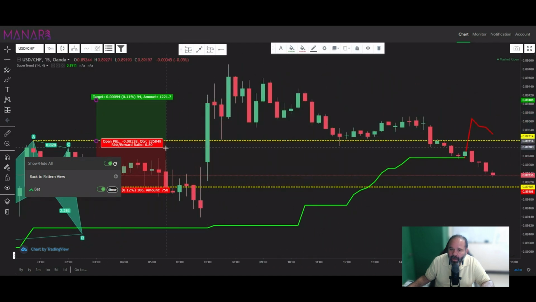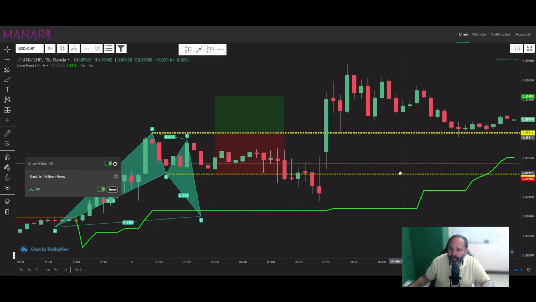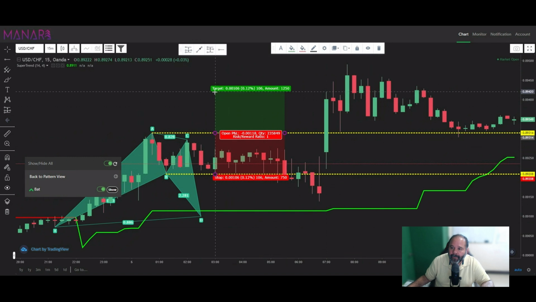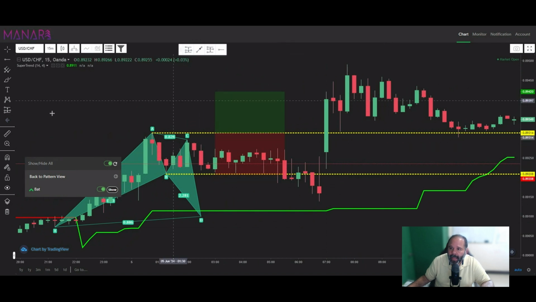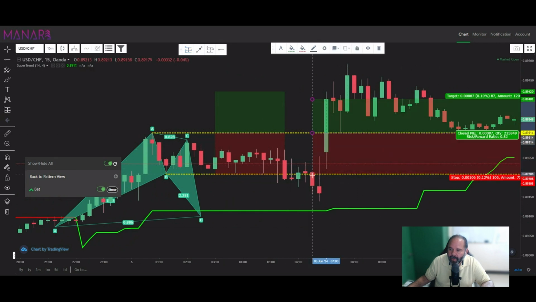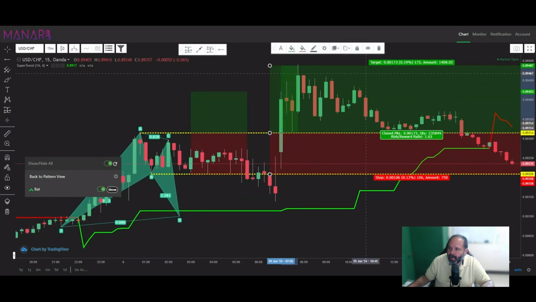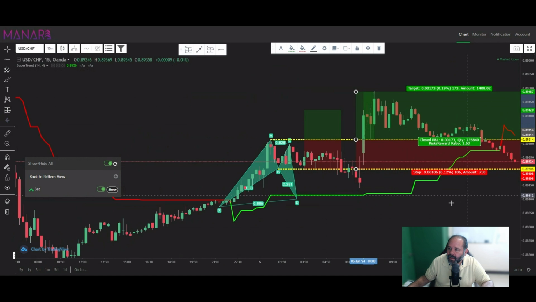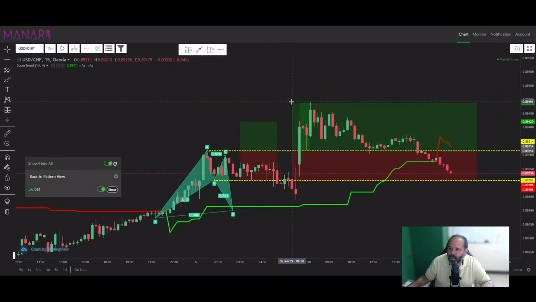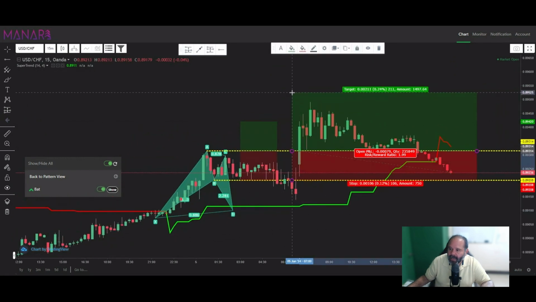The order is not going to be active until the price comes back again. This will be my TP1, and we place another one for TP2. It's so simple. This is a very simple strategy, and you are trading relaxed. That's what we want. We want to make money, and we also want some peace of mind, right?